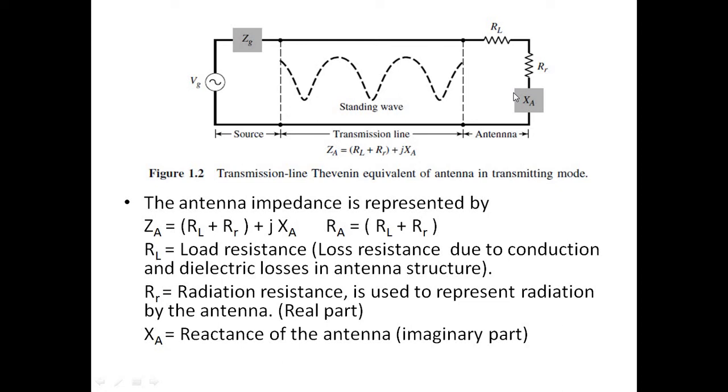If the antenna system is not properly designed, the transmission line could act as a large energy storage element instead of a wave guiding and energy transporting device.